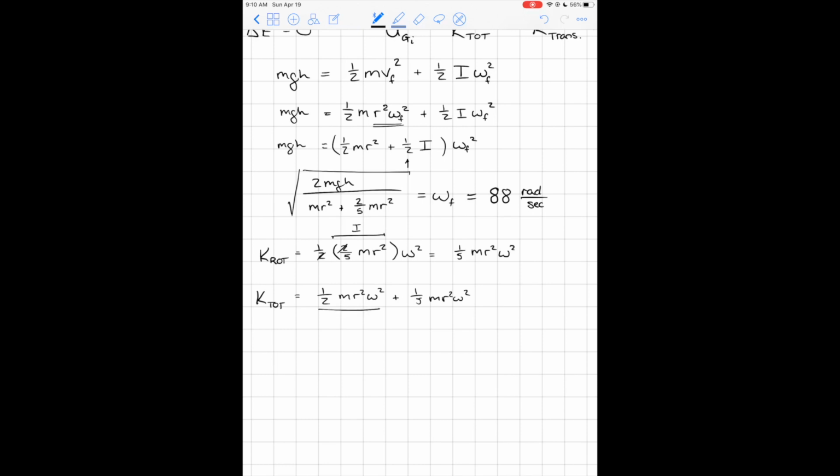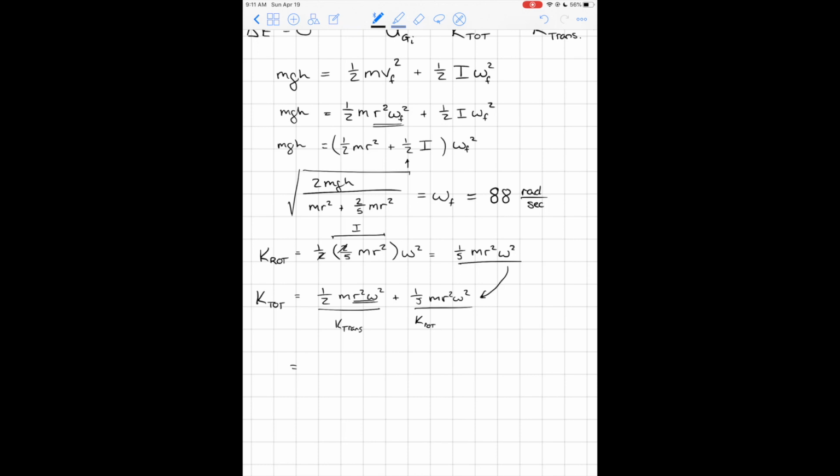This guy is 1/2 mv squared, but I've taken the liberty to convert the v squared into r squared omega f squared, just like we did in part A. And then I've taken our result from up above and just plugged it in, because our total is equal to K trans plus K rotational, right?